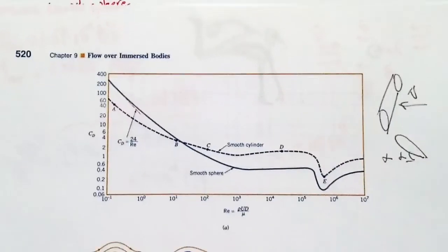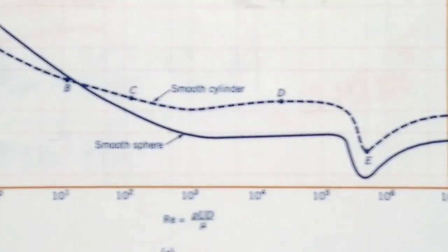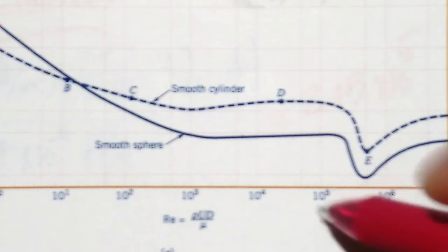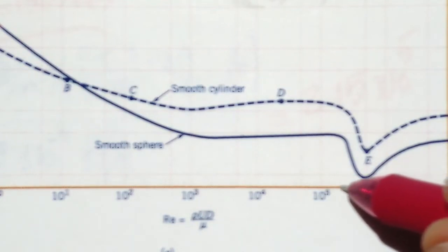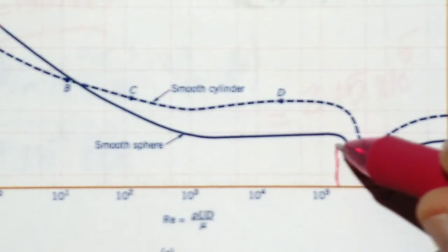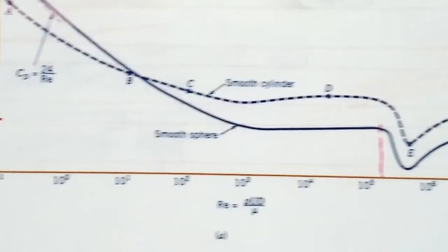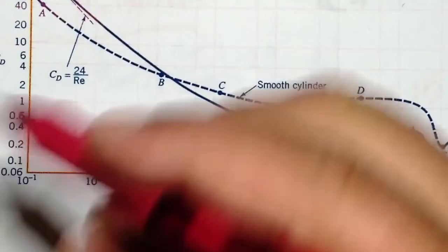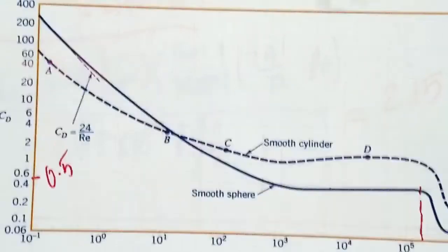If that's 10 to the power of 5 here, then 2 times of that is going to be something around here. And if you read that, it's going to be exactly there, which is half.